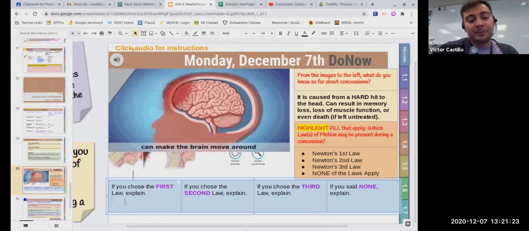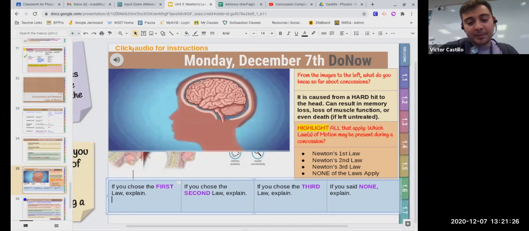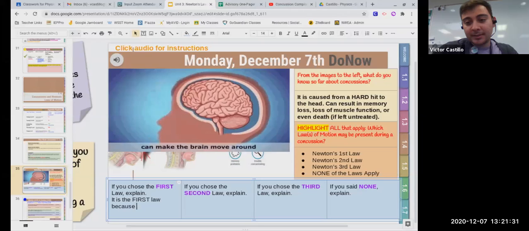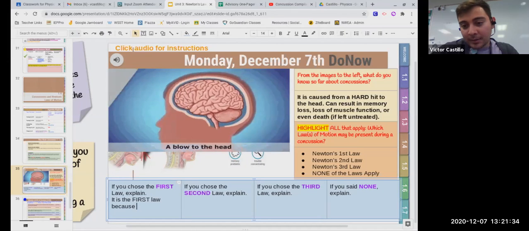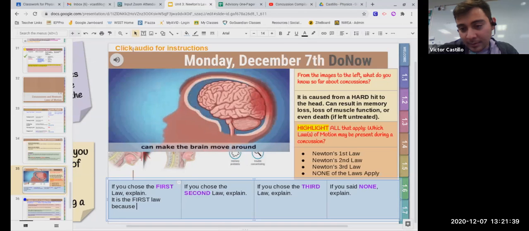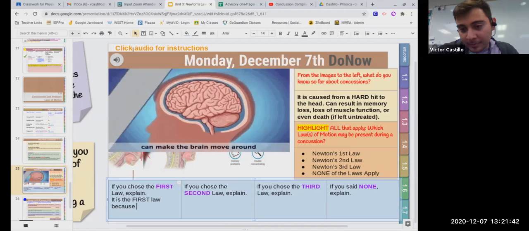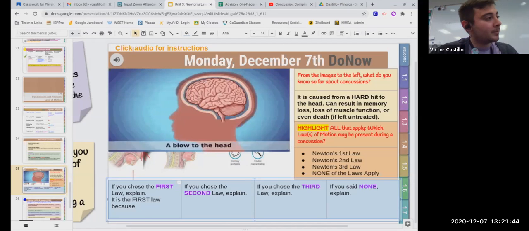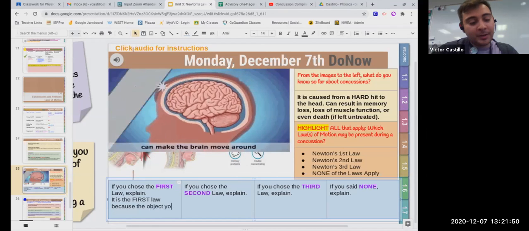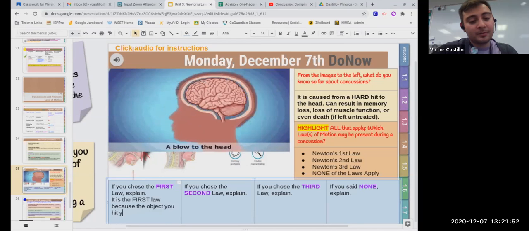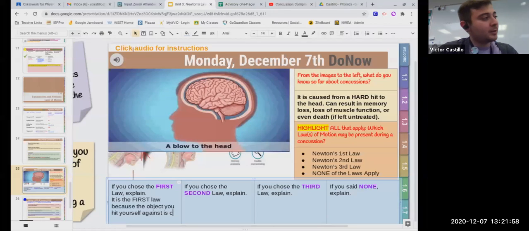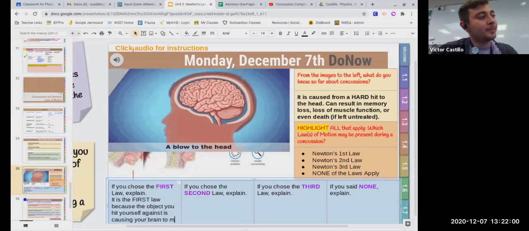You put for the first law of motion, you put it is the first law because the object you hit yourself against is causing your brain to move.